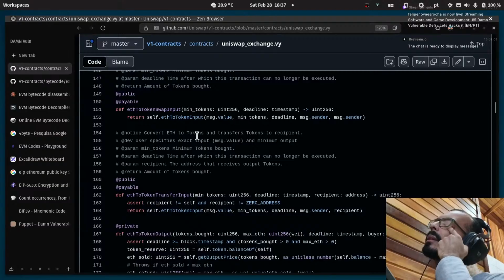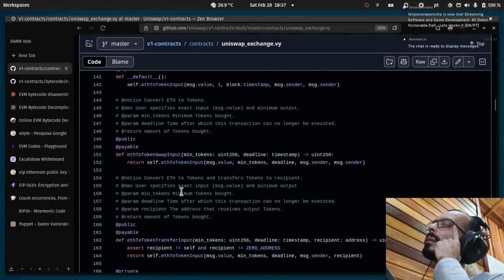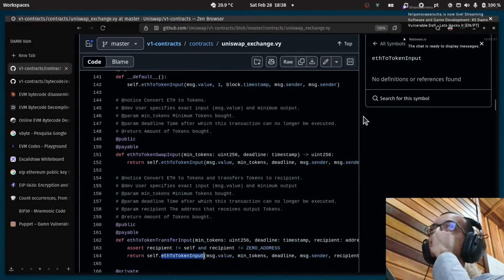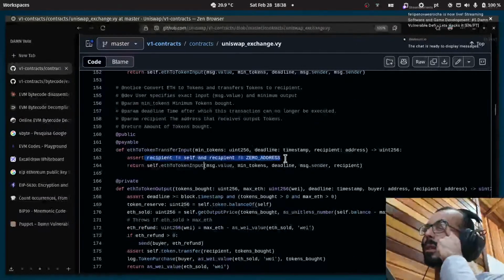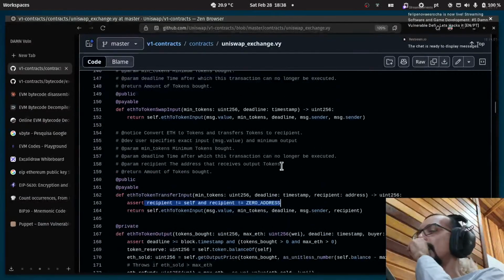Convert Ethereum to tokens and transfer tokens to recipients. What's the difference here? Convert Ethereum to tokens. It's not the same. Let's call it the same function. Here it's just checking if the recipient is different from self.